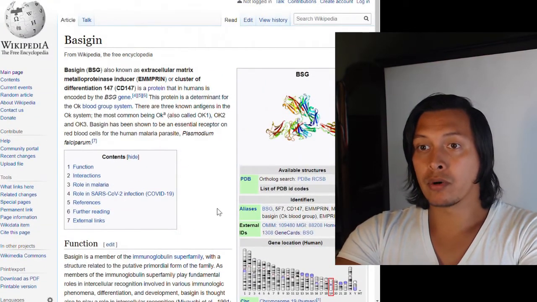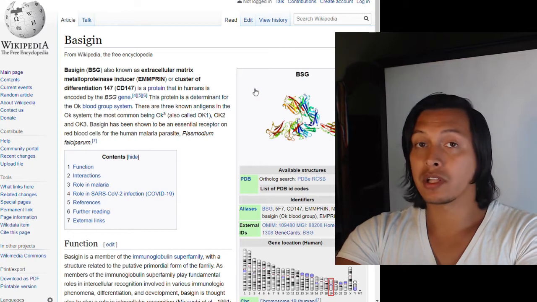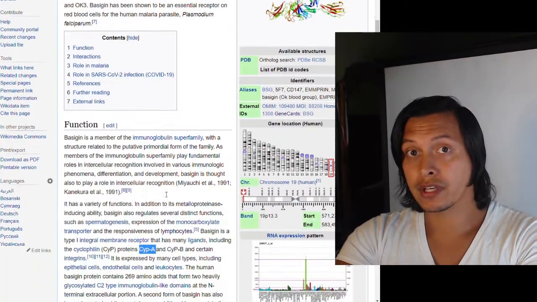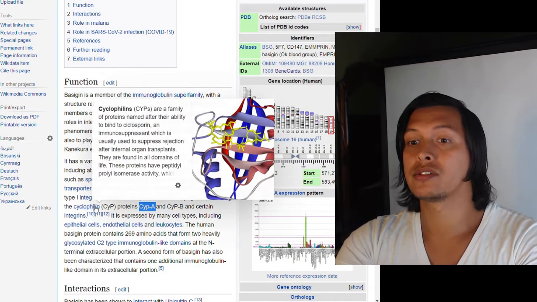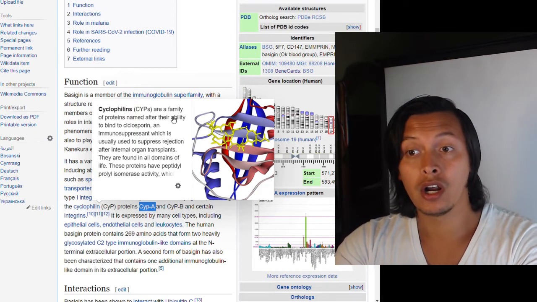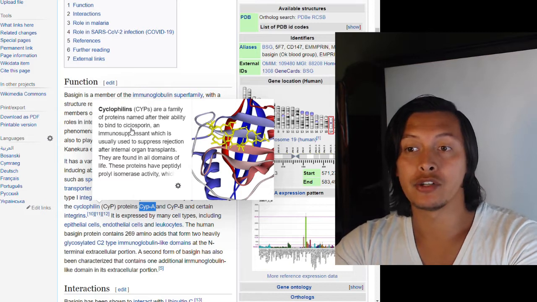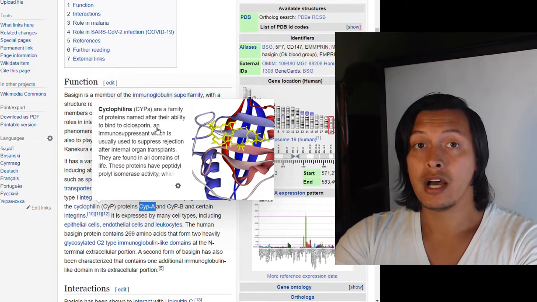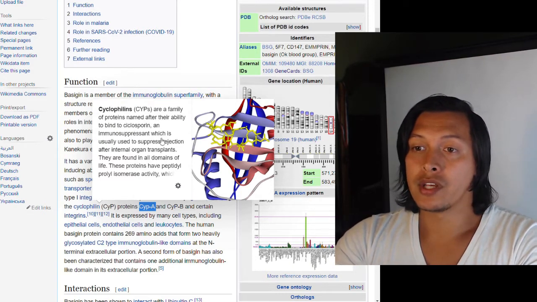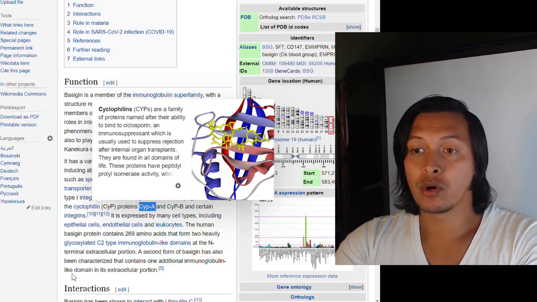Remember, Basigin interacts with quite a few different things in the body, and some of those things are the cyclophilins, which are a family of proteins named after their ability to bind to cyclosporine, which is a natural compound. Cyclosporine is an immunosuppressant.